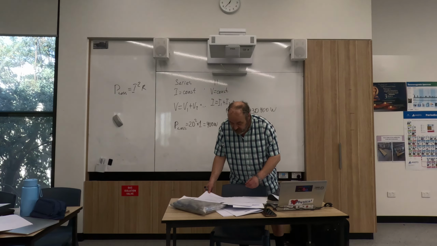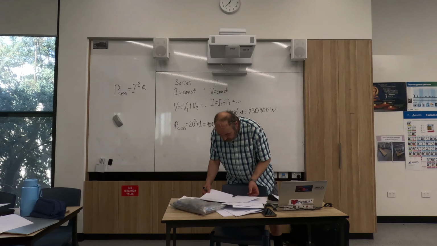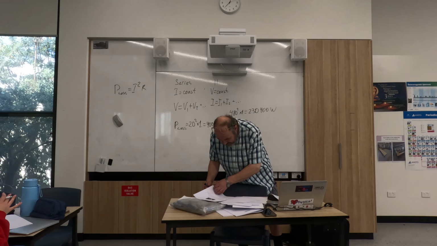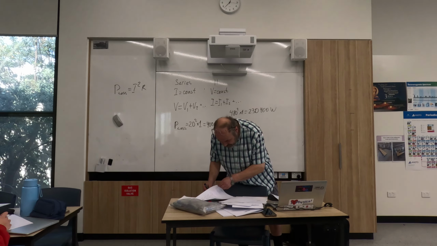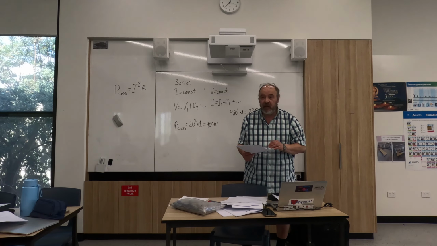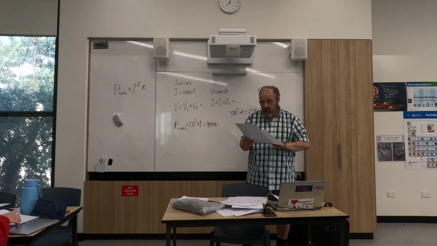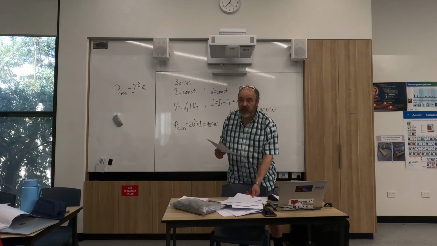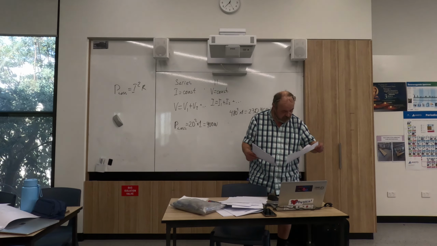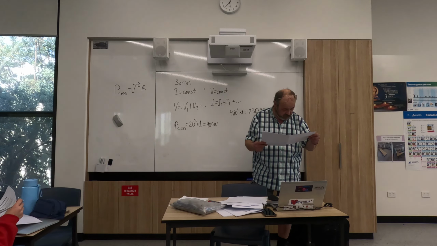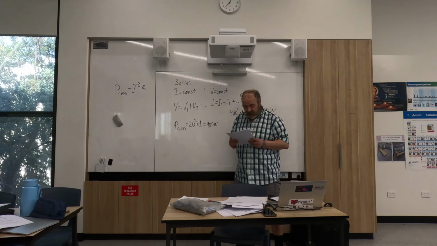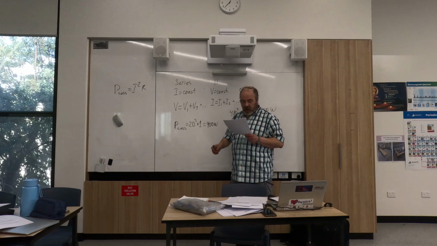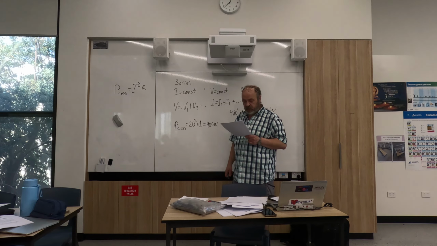But question 15 was not good, especially 15A. We'll go over question 14 first. Question 14A: explain how the hydrogen absorption spectrum is produced.